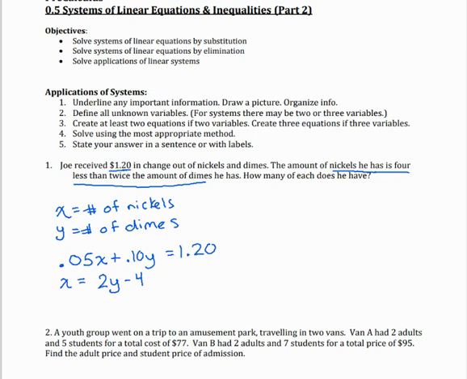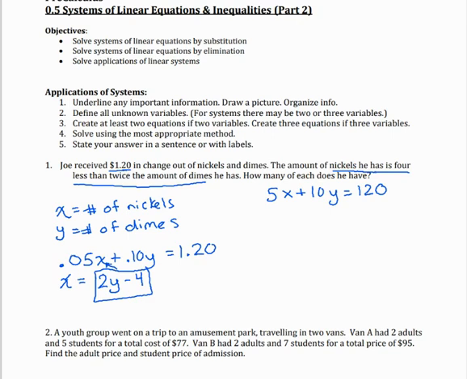Well, this is already solved for X, so a good method to use would be substitution. So I'm going to take what I just found X to be and substitute it in for X in my other equation. To make life a little easier, I'm going to clear the decimals as well. So that equation is going to really be 5x plus 10y equals 120. It'll just make it a little easier.